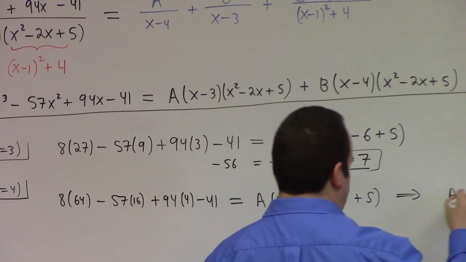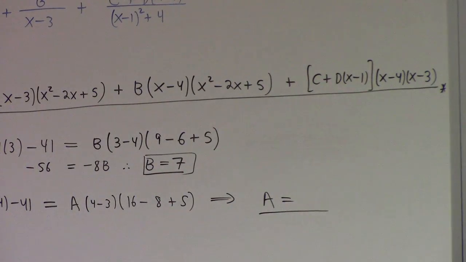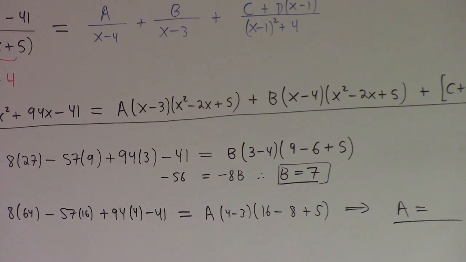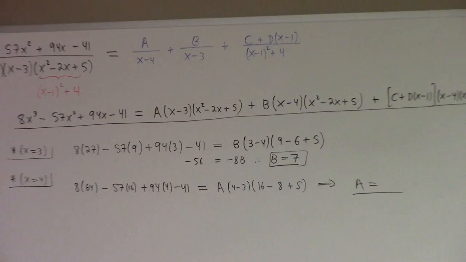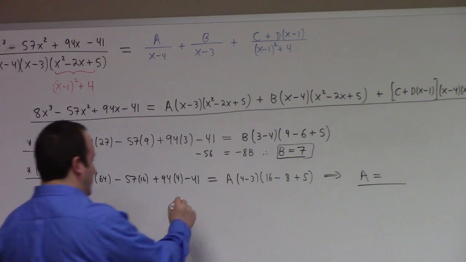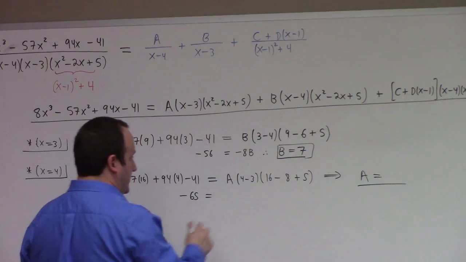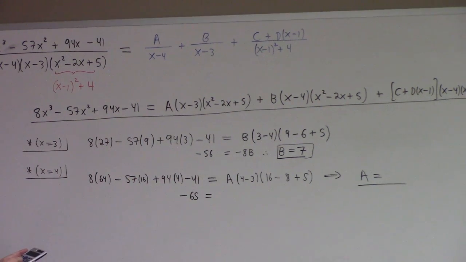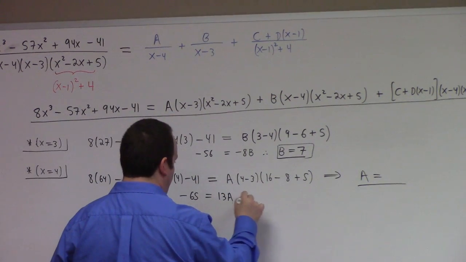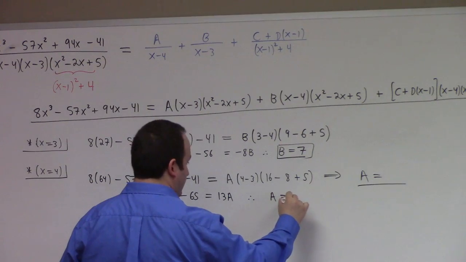This tells me A is equal to what? So I get minus 65 on this side, and over here I get 13. Therefore, A is equal to minus 5.